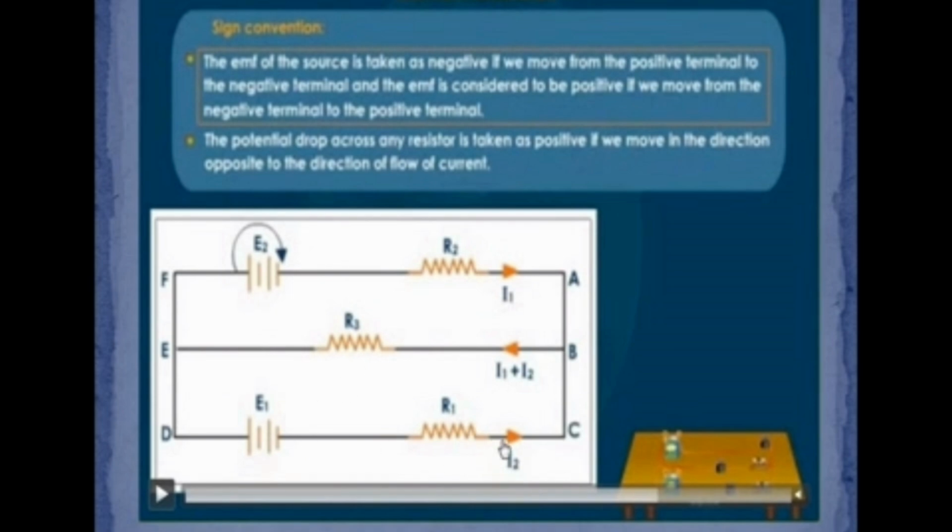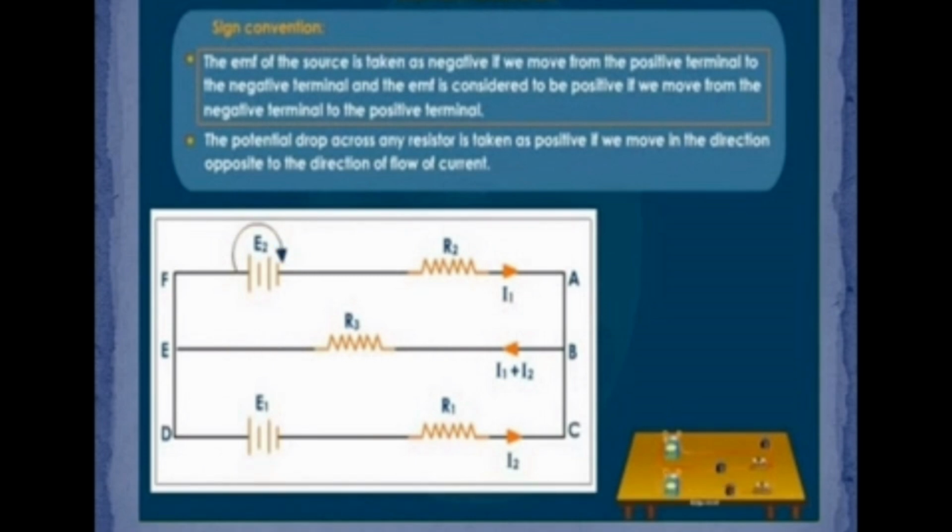Suppose you take the anti-clockwise direction: the products R1 into I2 and (I1 plus I2) into R3, the products of current and resistance, we add. That value is equal to the sum of the EMF of the circuit, that is E1. That is Kirchhoff's second law: the product of current and resistance in each part of any closed circuit is equal to the EMF of the circuit. So this is called the Kirchhoff voltage rule or voltage loop rule.